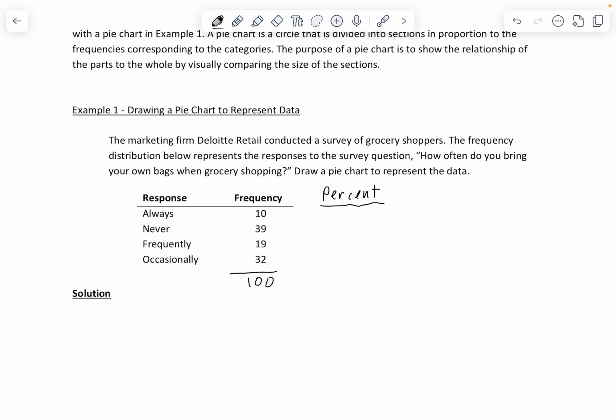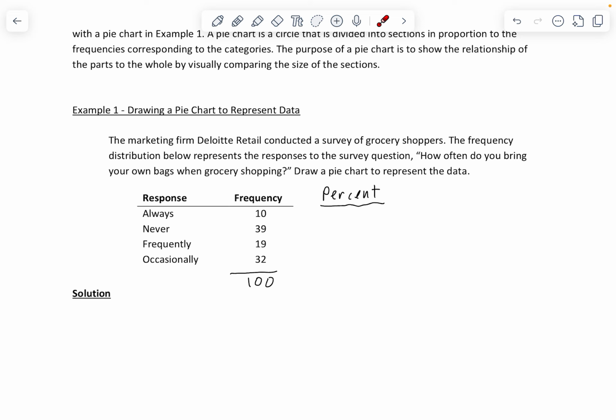Okay? Which makes it easy to calculate percents, because for each percent, what you're doing is you're taking the frequency from the category and you're dividing it by the total. And expressing that as a percent means multiplying it by 100%, right? So I'll just do the first one, and then I'll just write in the remaining ones because they're all pretty simple.